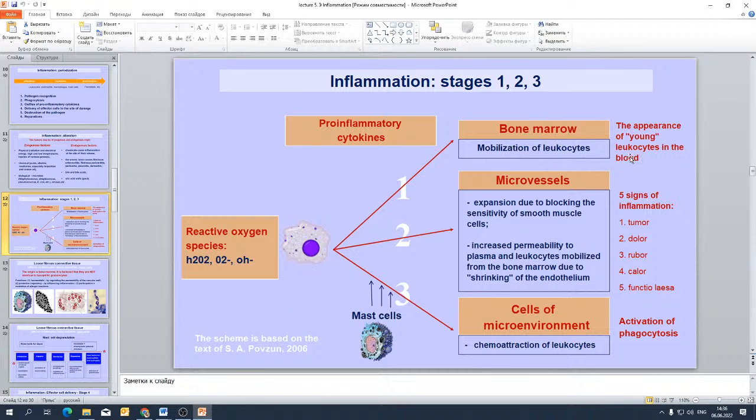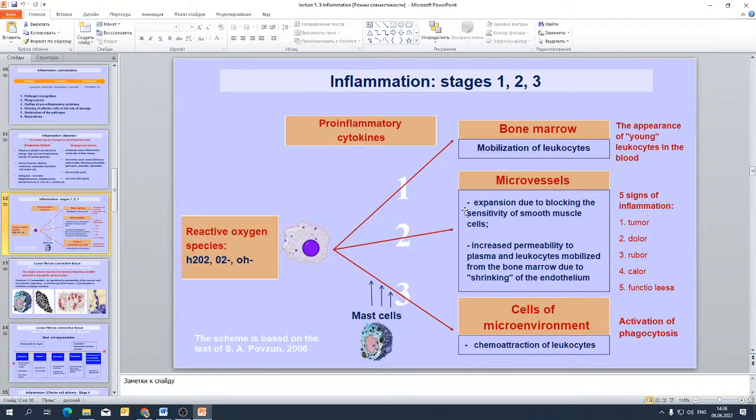In blood you see a lot of leukocytes, and a lot of young leukocytes. And this is the answer to cytokines.